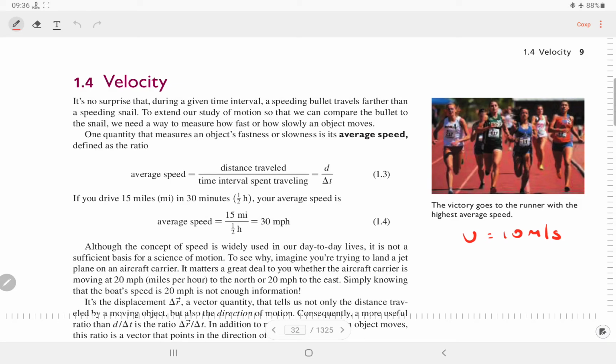Average speed. Average speed can be calculated with this equation. Distance traveled, you need to divide by time. Time interval spent traveling. Basically, this is the time that that object or car spends between initial and the final point. Total distance traveled, you need to divide by time interval.